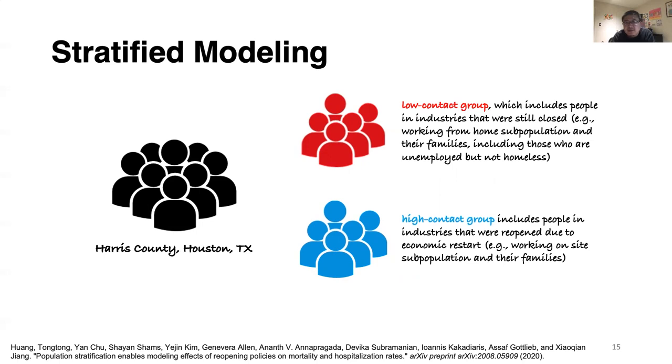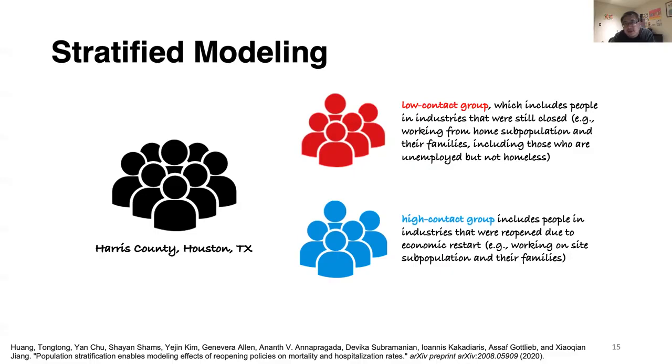In the transition from strict stay at home to reopening, the population is subject to changes in their social activities, which impacted their probability of infection as well as their risk of transmission to their family members. So therefore, they propose to divide the total population in Harris County into two groups.